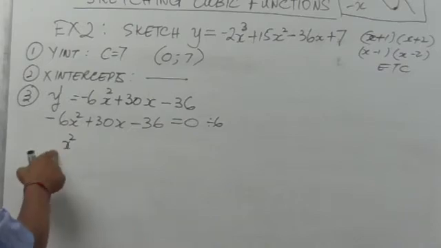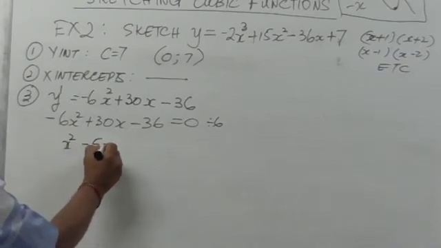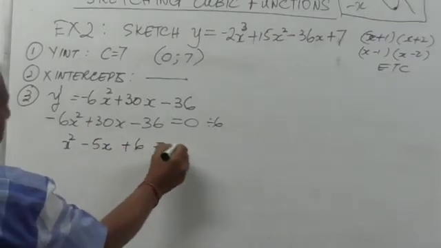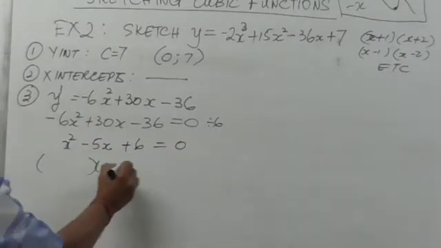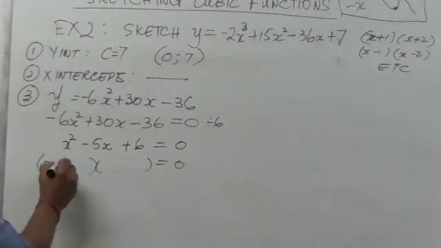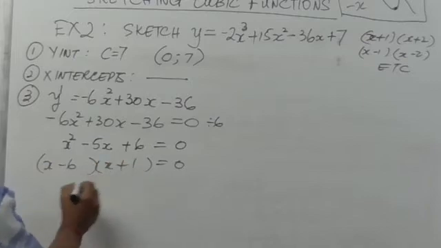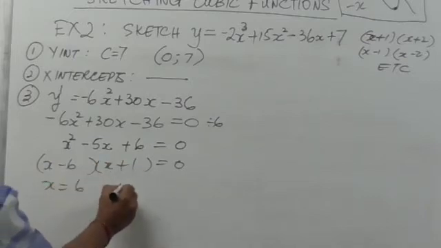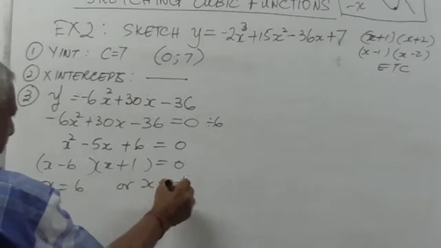So this will become x squared minus 5x plus 6 is equal to 0. And this will factorize nicely. That will give you x minus 6, x plus 1, so x is equal to 6 or x is equal to negative 1.